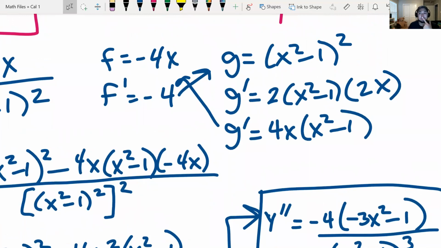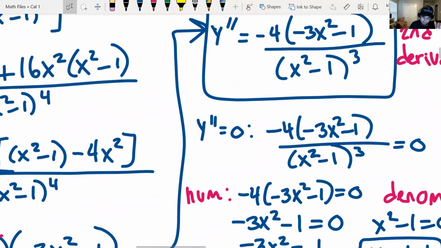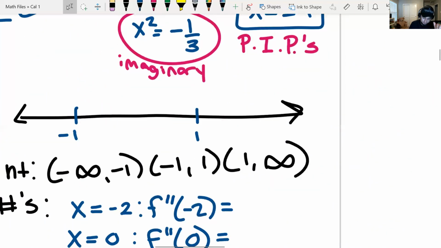Ooh, you know what? No, we're good. Never mind. Trust the process. Don't want to confuse myself. So that -4 stayed there, because G prime is that times that. Okay, no, we're good. I promise.